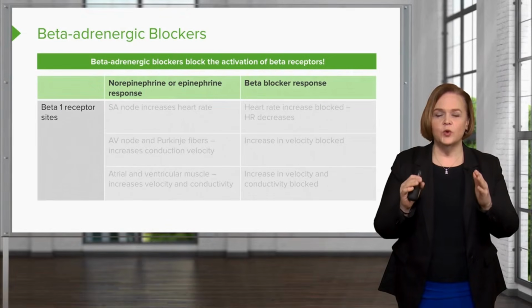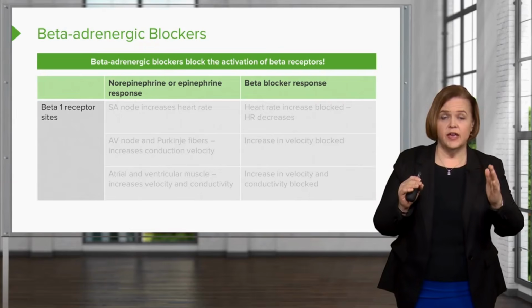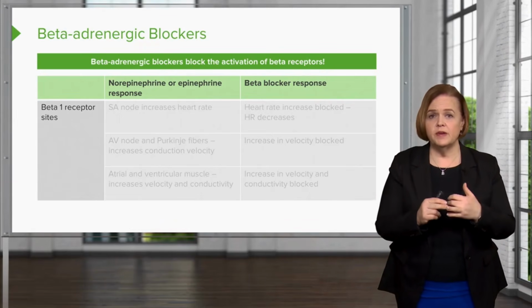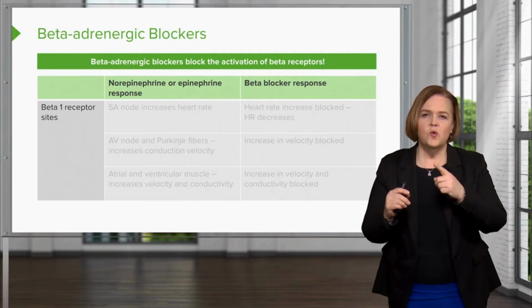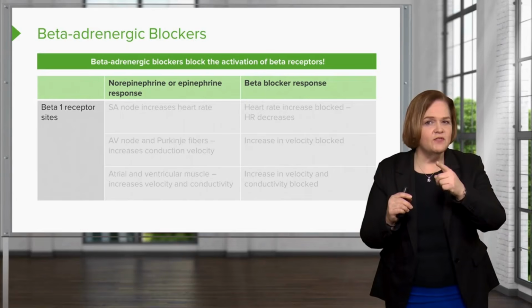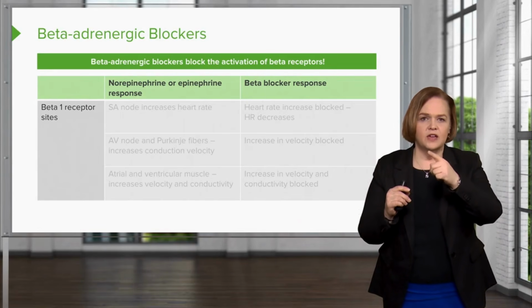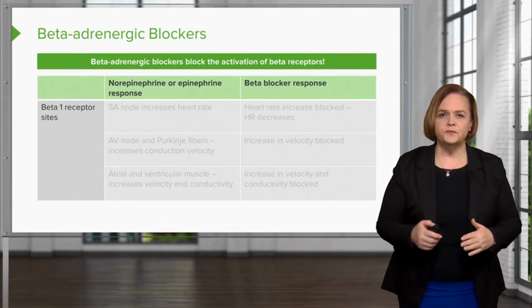In one column, we're going to talk about what happens at a beta 1 receptor site when it binds to norepinephrine or epinephrine, what the response is. The next column will say, what happens if you've given that patient a beta blocker? So the drug will beat those guys to the beta 1 receptor site. So let's look at that again.